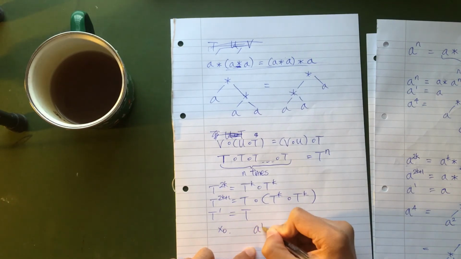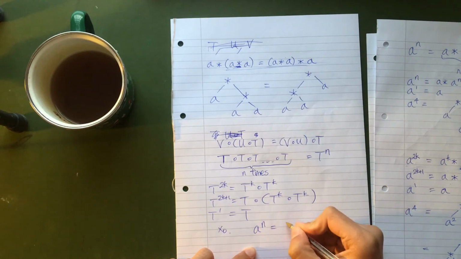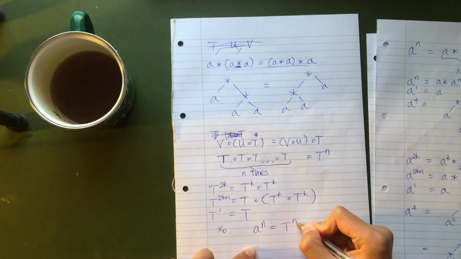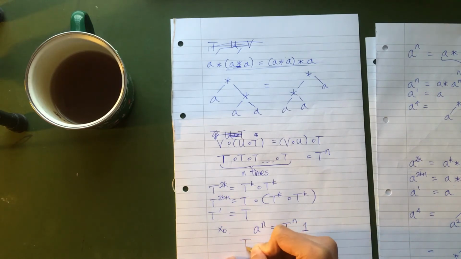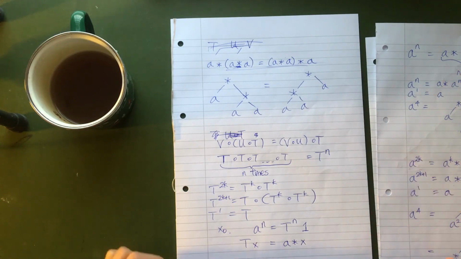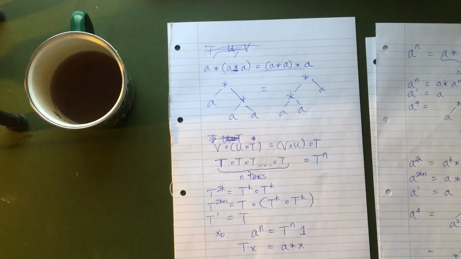So actually a to the n is equal to t to the n applied to 1, where in this case, t of x is going to be a times x. So actually, our earlier exp is a special case of this function version, where our transition rule is just we multiply by a, and our initial condition is we start with 1.